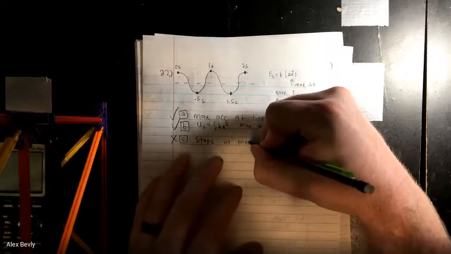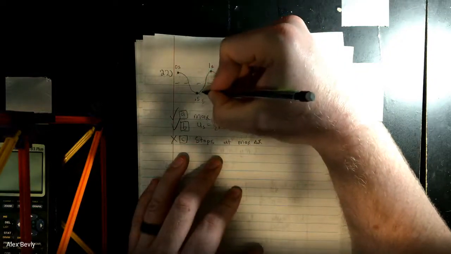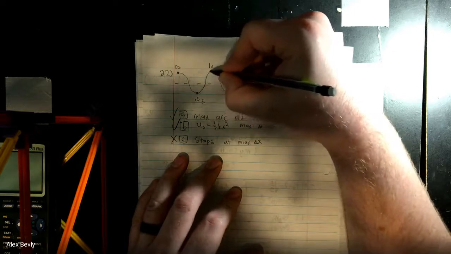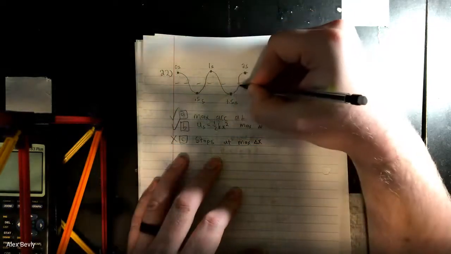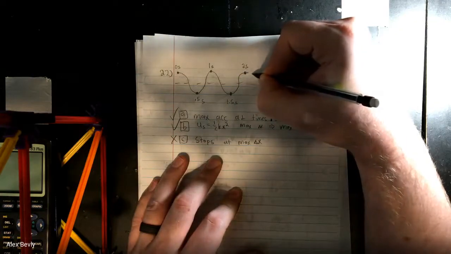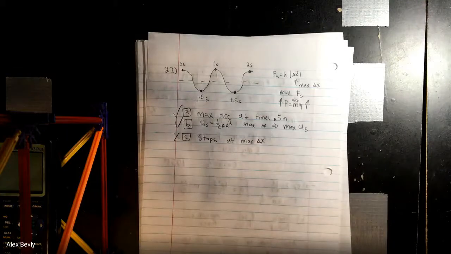Stops at our maximum displacement. Right, we have to stop going down in order to start going up. We have to stop going up to start going down. We have to stop going down to start going up. And we have to stop going up to start going down, right? So, no, those endpoints were completely stopped.